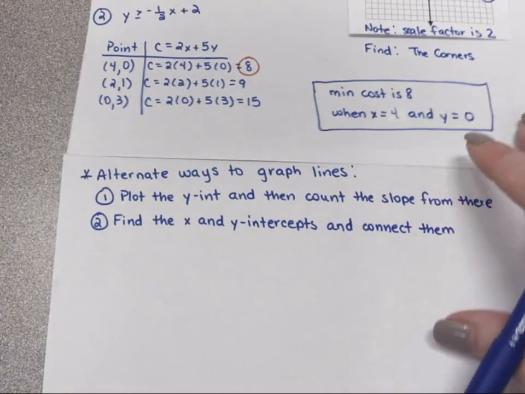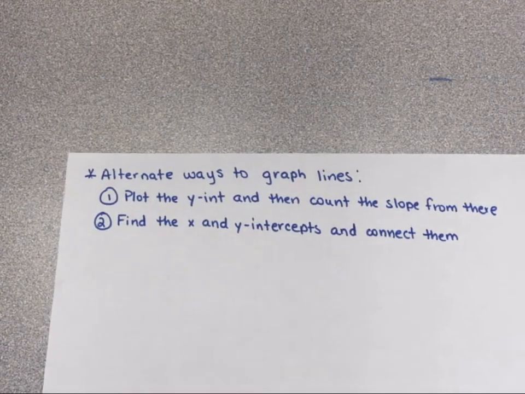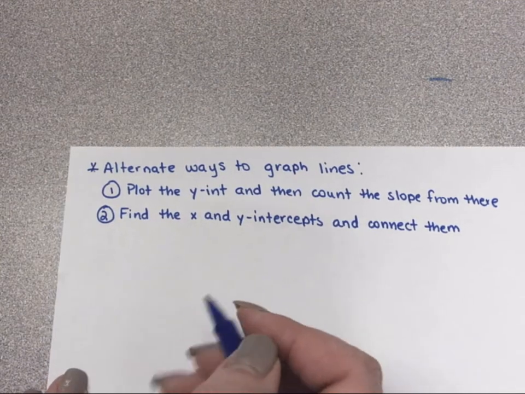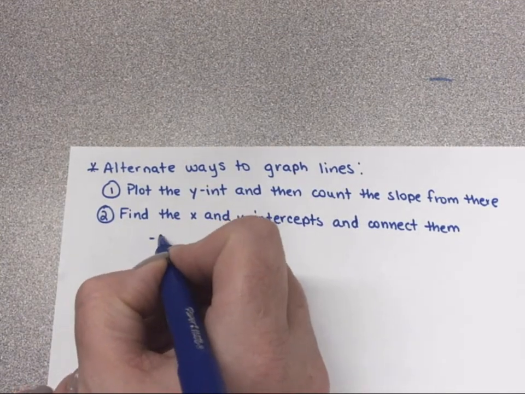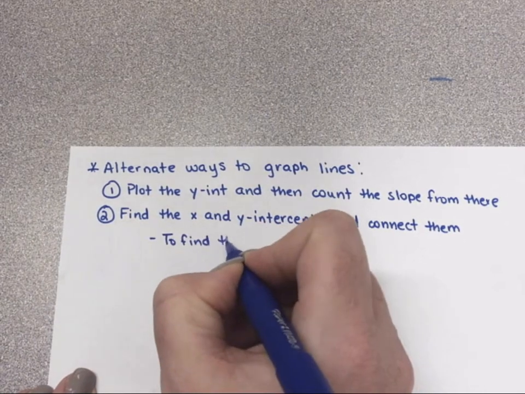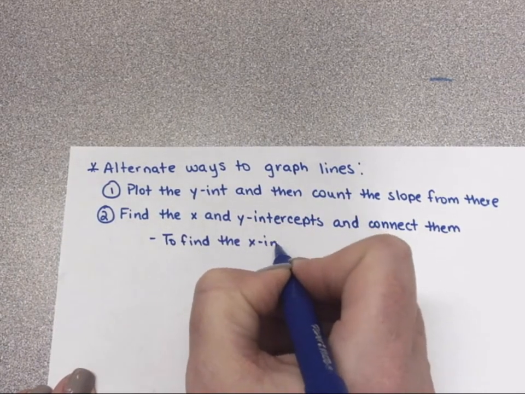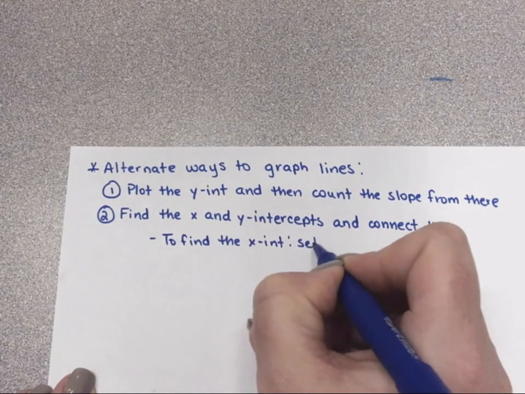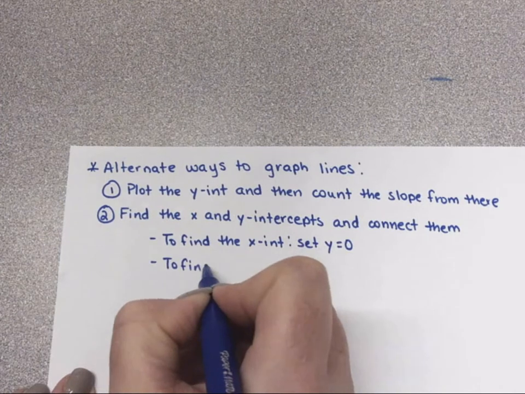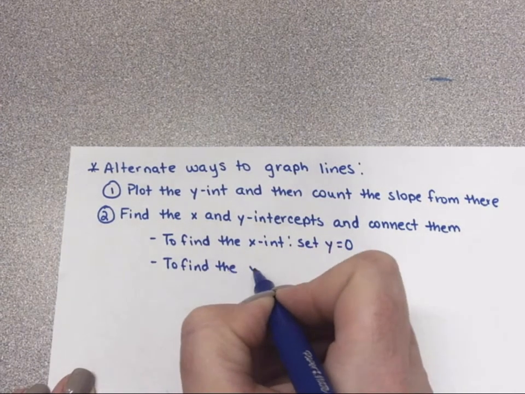You had to find the X and Y intercepts, and then you had to graph a line. Just because it's been a little bit, do you remember how to find each of the intercepts? So how do you find the x-intercept always? Set y to 0. And then, of course, how do you find the y-intercept? Set x to 0.